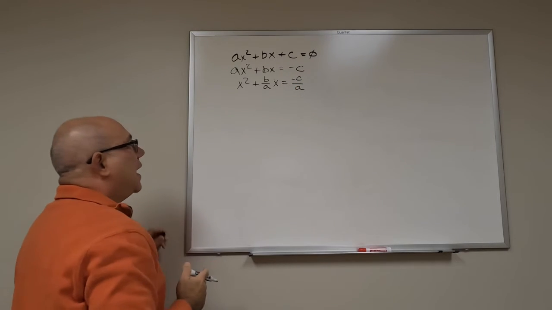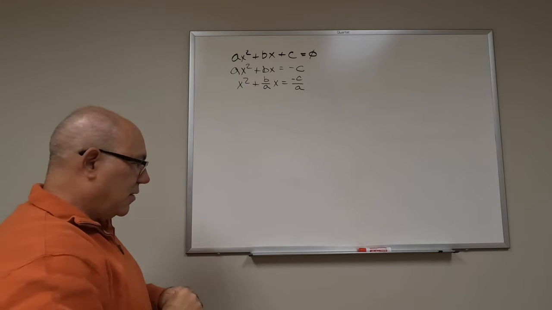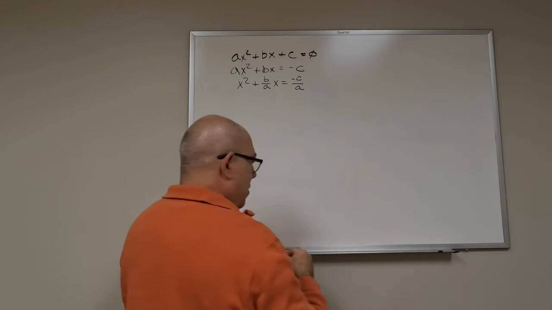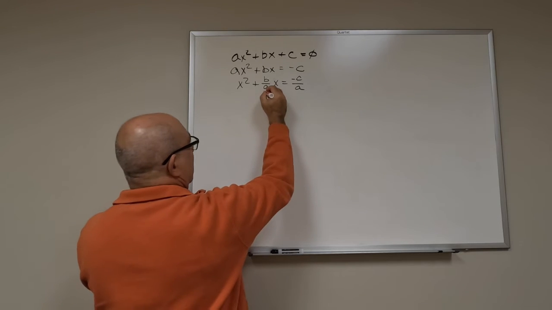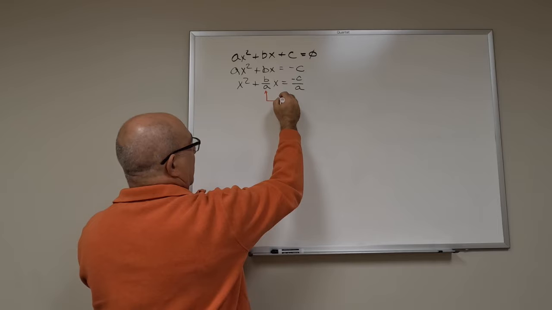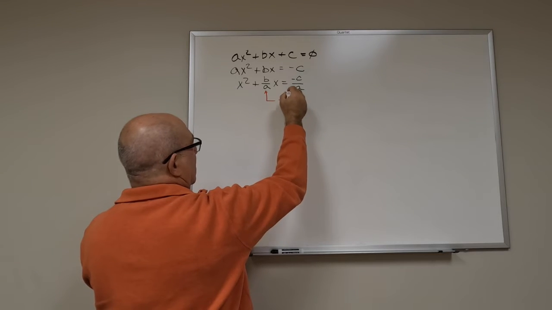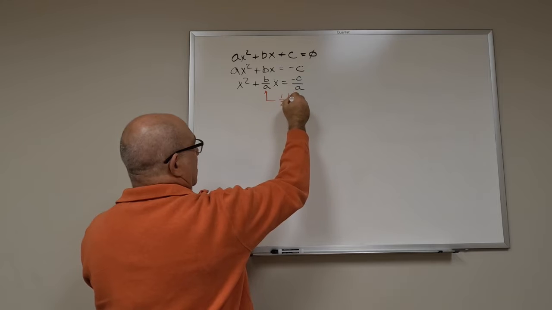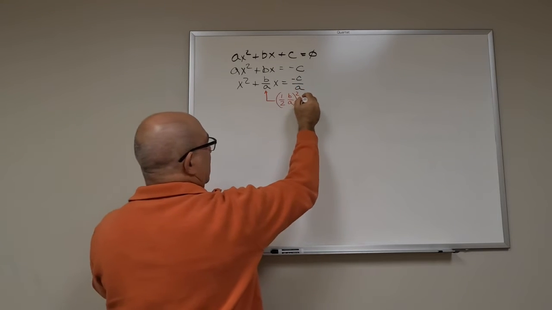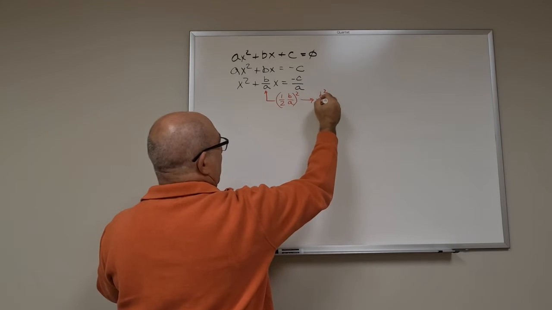All right, so now there's a trick, and it's called completing the square. If we complete the square, what we have to do is take this term here and multiply it by 1/2 and then square it. If we do that, we will get b squared over 4a squared.